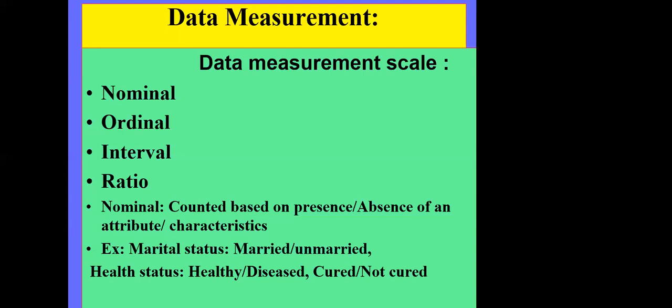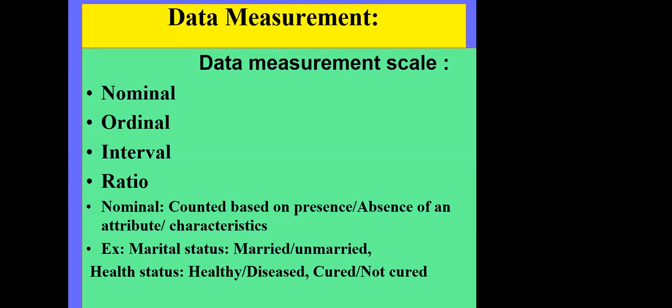The first one is the nominal variable, second is the ordinal variable, and then interval and ratio. These are the scales: nominal scale, ordinal scale, interval scale, and ratio scale. Using these scales, we measure each of the variables. Let us see first, what is meant by a nominal variable. Nominal variables refer to categorical variables.